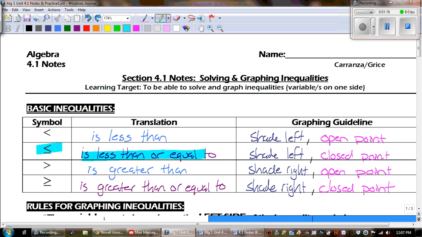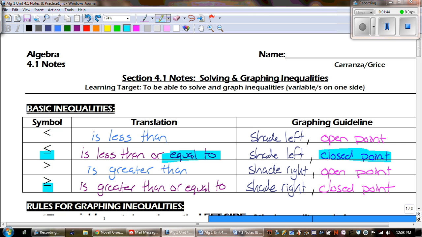Now, as you guys are writing some of this down, a couple things I want you to notice right away: less than, less means left. And another thing that we can look at, when it's or equal to, or when that line's down, it means it's a closed point, and we're going to see the same thing on the is greater than or equal to.